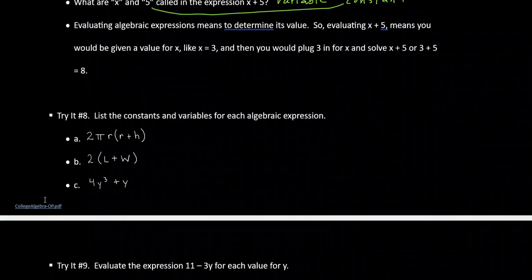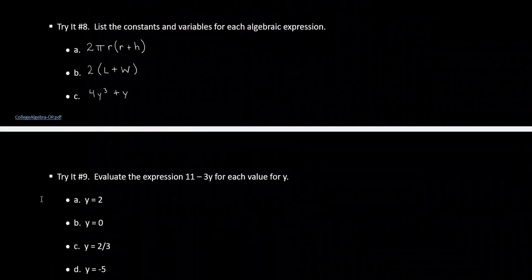So it's best just to start taking a look at some examples of all this. So try it number 8. List the constants and variables for each algebraic expression. So start with the constants.